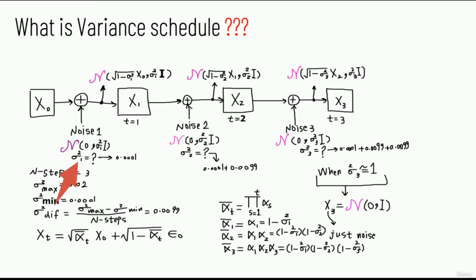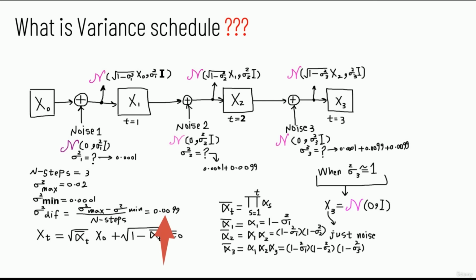Let's say firstly, the variance of noise 1 is a very small value, let's say 0.0001. And let's say that the maximum variance that we want is 0.02, and the minimum variance is 0.0001. So we will compute the difference between these two values, and we will divide the result by the number of steps, which is 3.